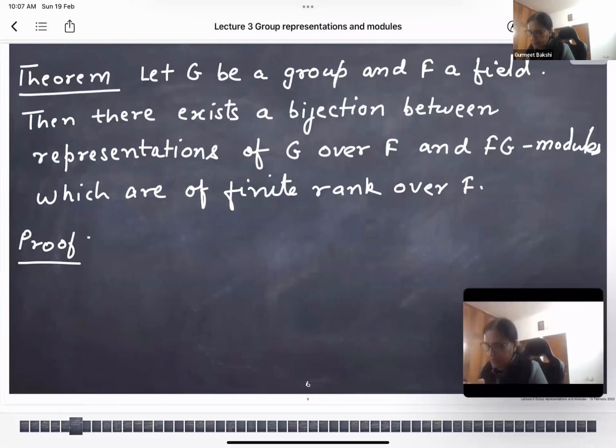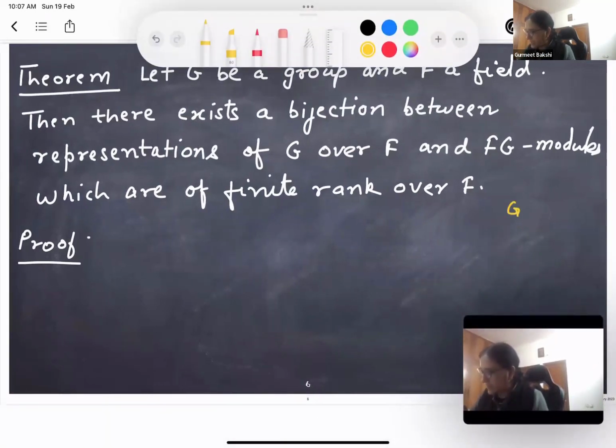Now, having obtained this ring, I have a group G and a field F, and I have obtained this group algebra of G over F. So I can talk of modules over this ring.